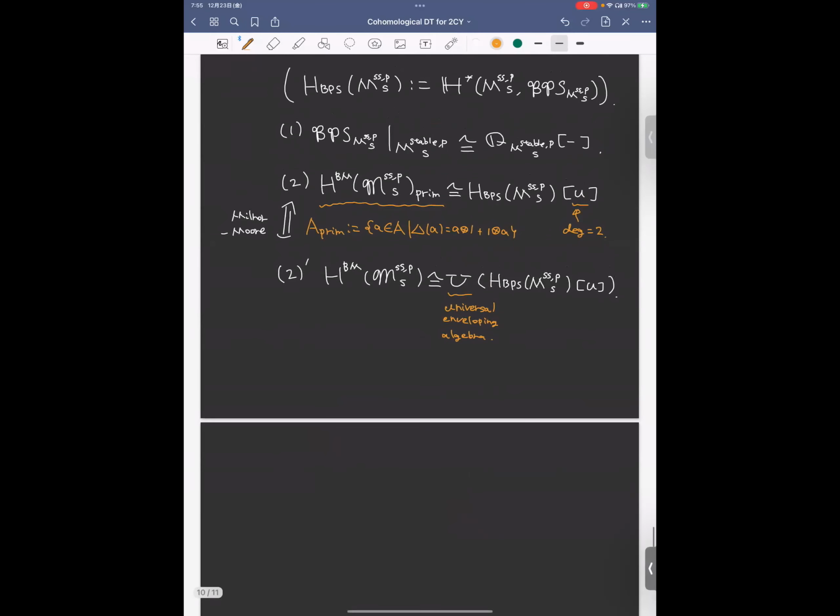Finally, let's move back to the first question about what is the correct cohomology theory for the moduli space of Higgs bundles. This is a theorem by myself and Naoki Koseki.